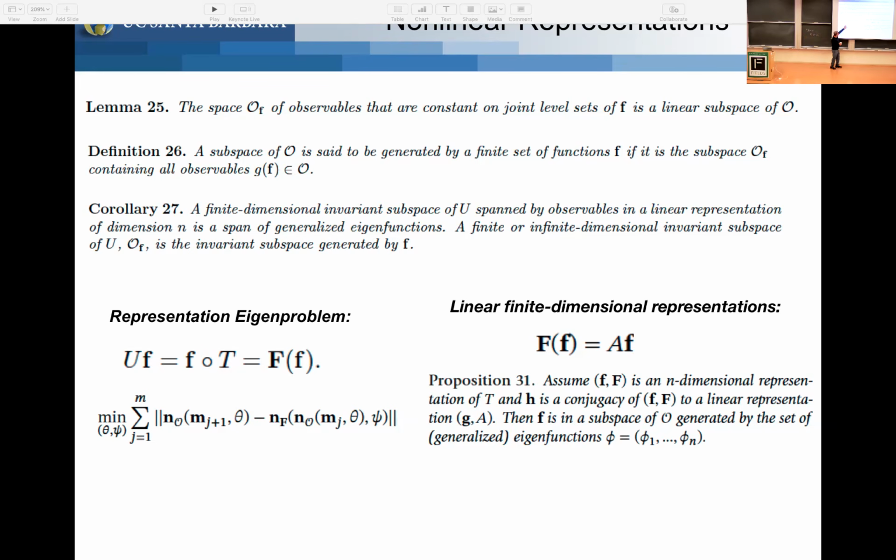So this is the eigenproblem that I defined. It looks very much like this problem, which is the eigenvalue, eigenfunction, or eigenproblem in the linear case. But here we are finding the nonlinear representations. You can do it using neural networks. There are a number of attempts to do this kind of thing where you represent the output.